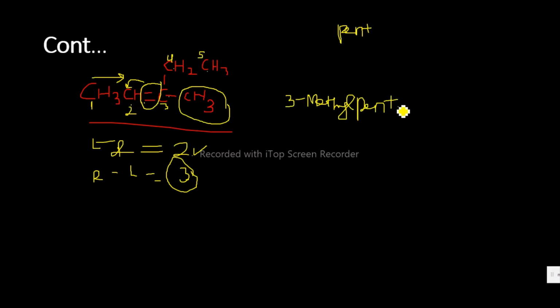So you put a hyphen, then you write the 2, then another hyphen, and finally you write ene. If it was a triple bond, instead of ene, we substitute it with yne.